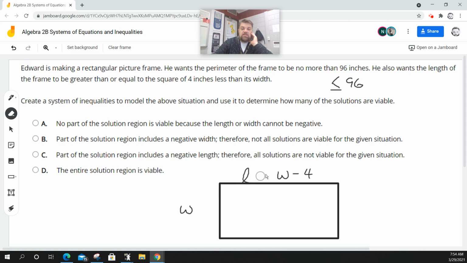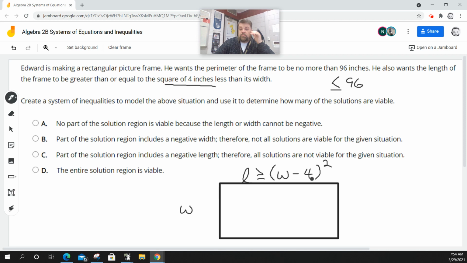He wants the length to be greater than or equal to the square of 4 inches. So I think they mean this, the square of 4 inches less than its width. Okay. Create a system of inequalities to model the above situation. Use it to determine how many solutions are viable.